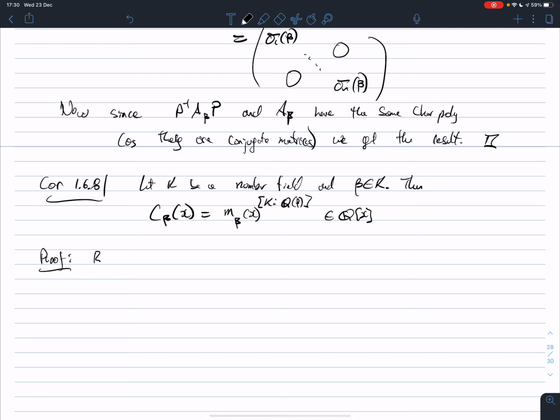So first of all, by proposition 1.6.7, we know all the roots of C beta are of the form sigma i of beta. So we just proved that.